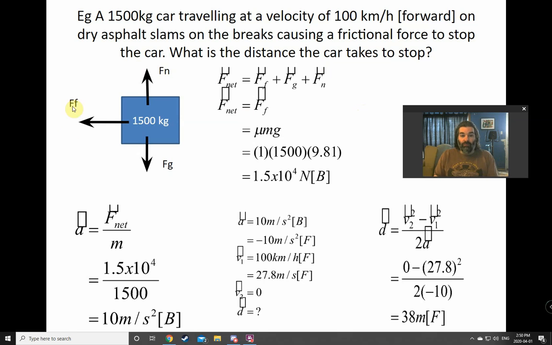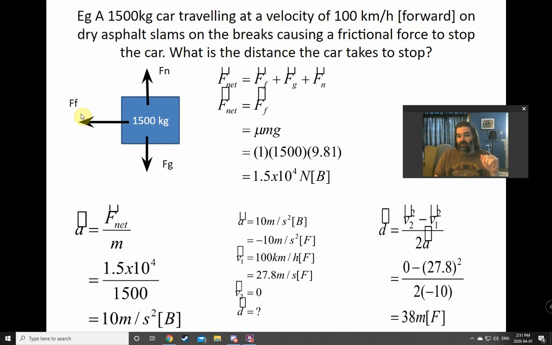So we start off, we draw the free body diagram. If you're slamming on the brakes, there's only one force, friction. Hopefully you don't have your foot still on the gas, so there shouldn't be an applied force. Hopefully also the normal and force of gravity are going to cancel out. So when we write out our net force equation, we know gravity and the normal force are going to cancel out because your car isn't sinking or rising.